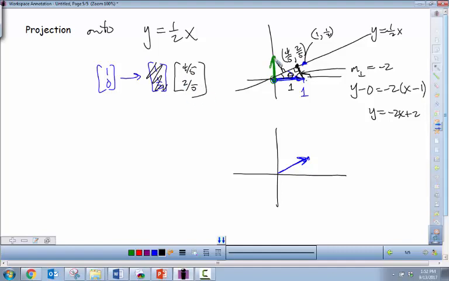I guess if we do the same thing over here, we have the point (0, 1), and then we have the same slope, -2, and the equation of this line, y minus 1 is equal to -2 times x minus 0. So minus 2x.